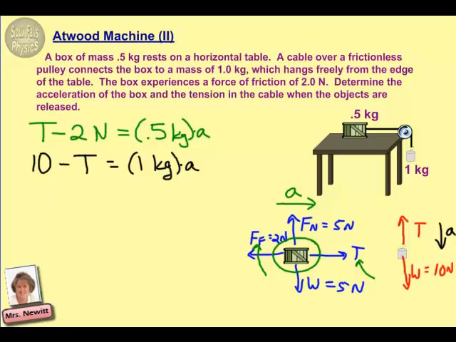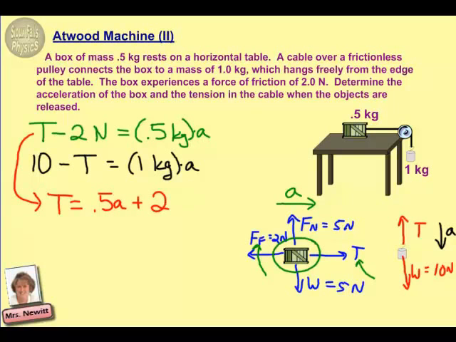And again, at this point, you can choose whatever method of solving the system that you want, but we do have 2 unknowns and 2 equations. One possibility would be through substitution. We could pick either of these equations and rearrange it for T. If I choose the top one here, we would get T equals 0.5 times acceleration plus 2 newtons.